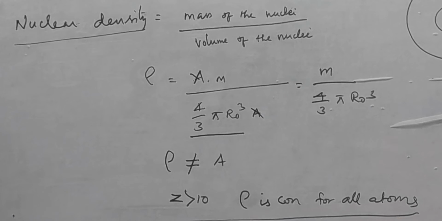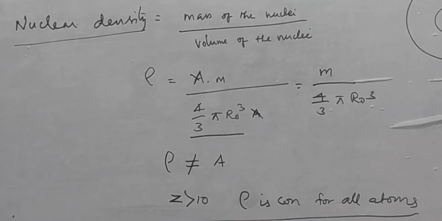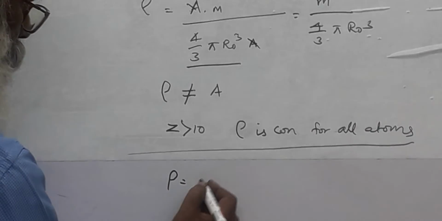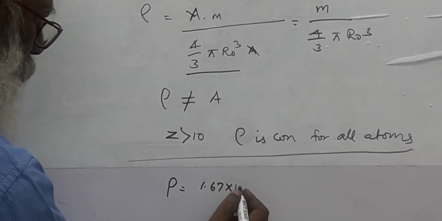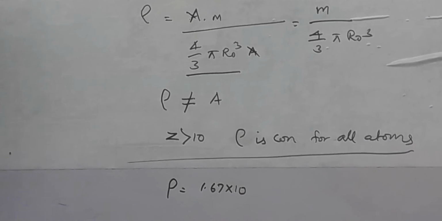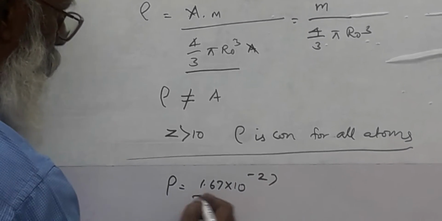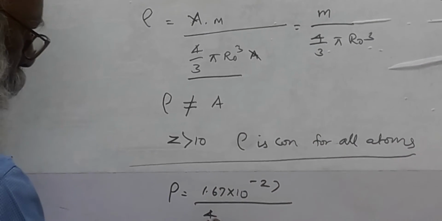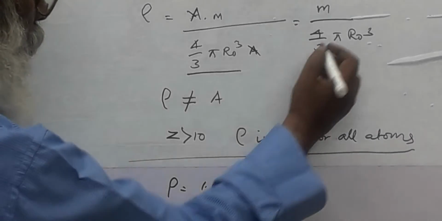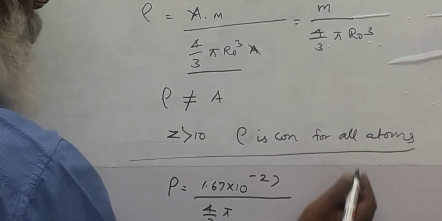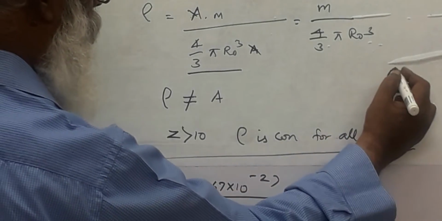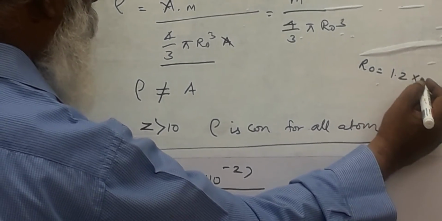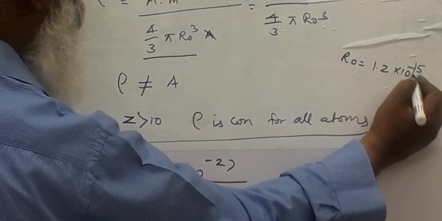Now, substituting the known values here, rho is equal to 1.67 into 10 power minus 27 divided by 4 by 3 pi R naught cubed. R naught value I already told, R naught is nothing but a constant, equal to 1.2 into 10 power minus 15 meter.